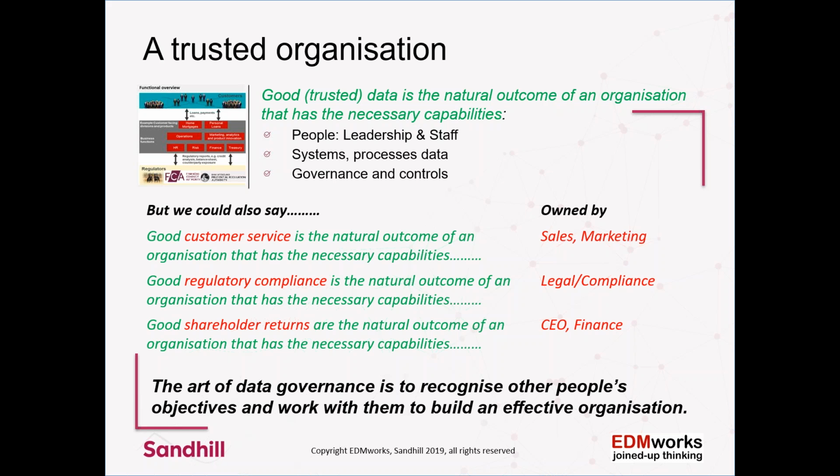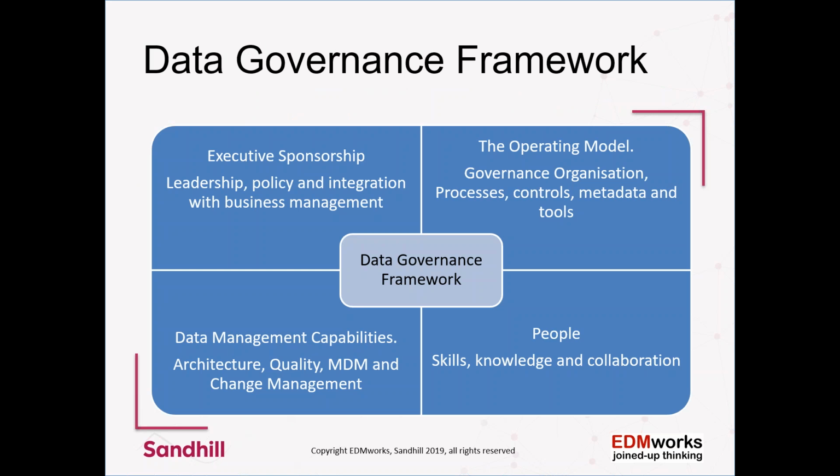You have to work with them to make them aware that data is a critical part of their delivery, and then work with them by making sure that data gets delivered or governed better, to ensure that your overall governance program is aligned with what's going on with the business. So it's a key part. Data governance is an art form, with bits of science, but there's a big art form behind it.